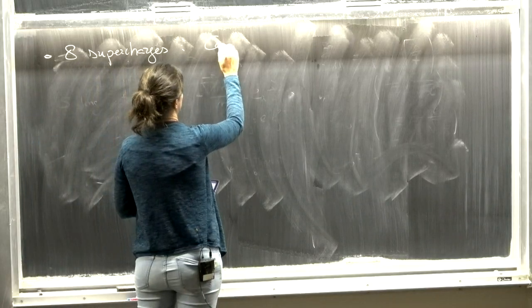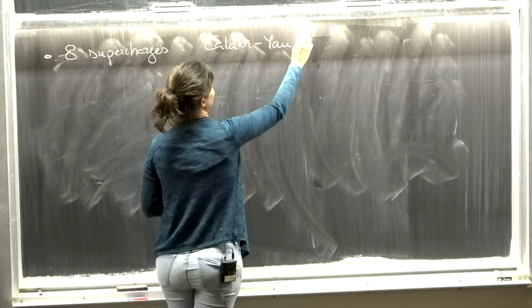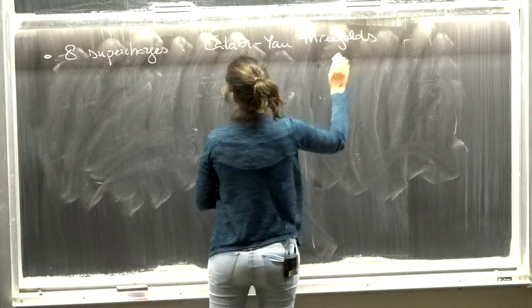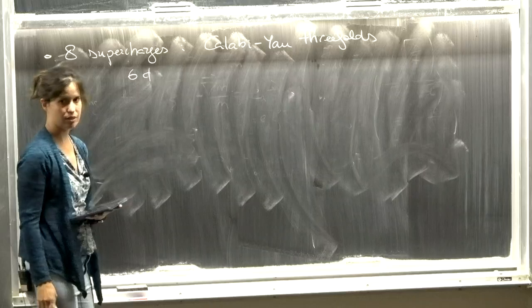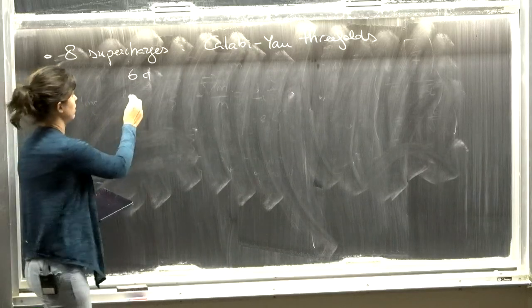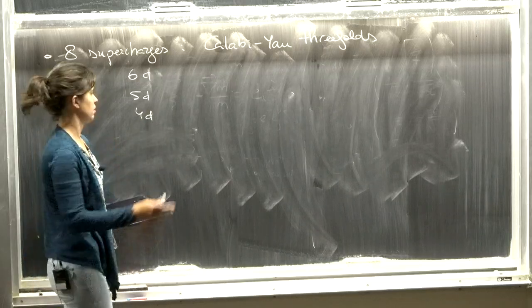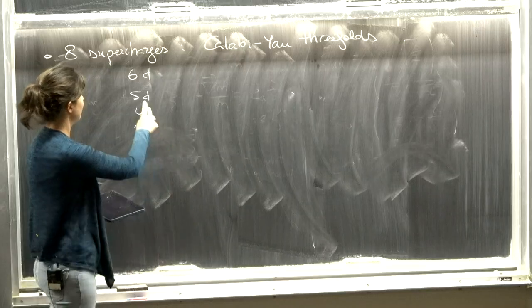Typically, canonical examples always involve compactifications on Calabi-Yau threefolds. With 8 supercharges, the maximum dimension we can have is 6D, okay? We are in Minkowski compactifications. So it's either 6D, 5D, or 4D, or lower. But in general, I stop here because below, gravity is more tricky.